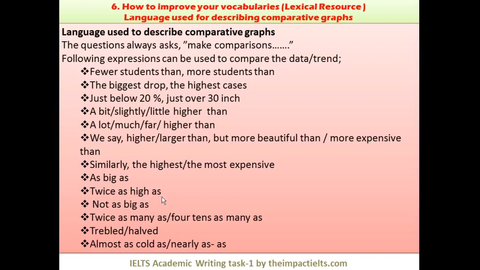Twice as high as, twice as many, and four times as many as, so four times or any number of times. Sorry, it should be times, it should not be tens. It should be four times.